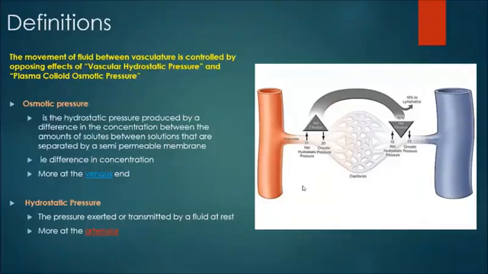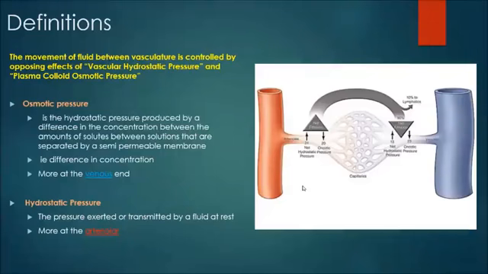Next, we're going to talk about definitions in regards to the pathophysiology of movement of these fluids between vascular structures. The movement of fluid between vascular structures is controlled by opposing effects of vascular hydrostatic pressure and plasma colloid osmotic pressure. So first one is osmotic pressure.